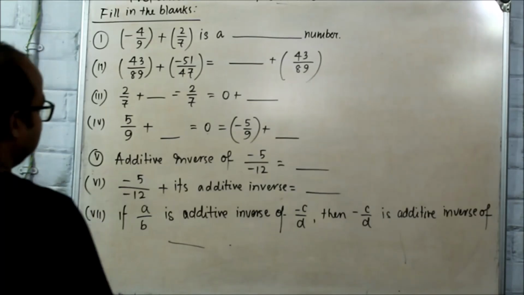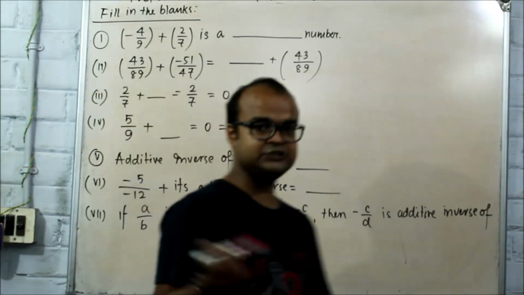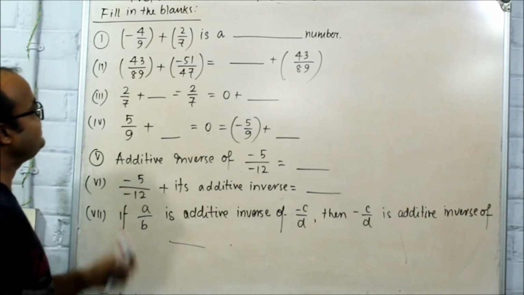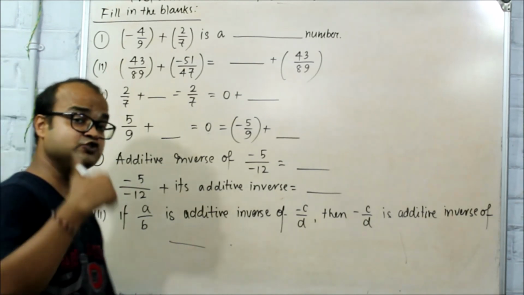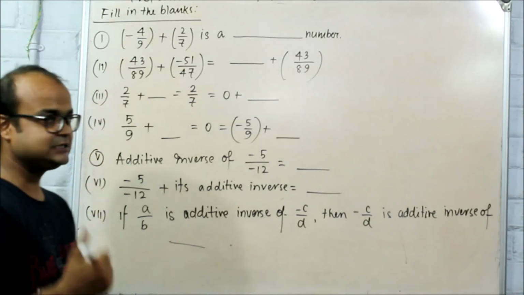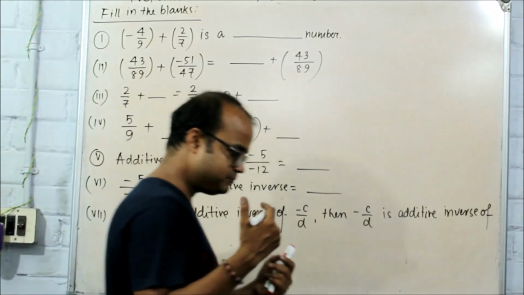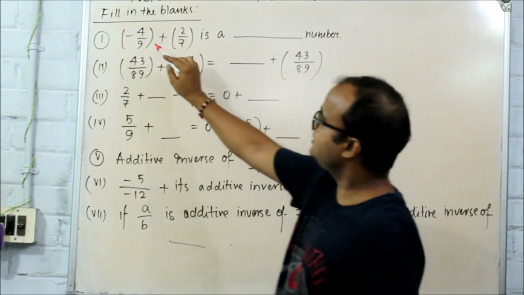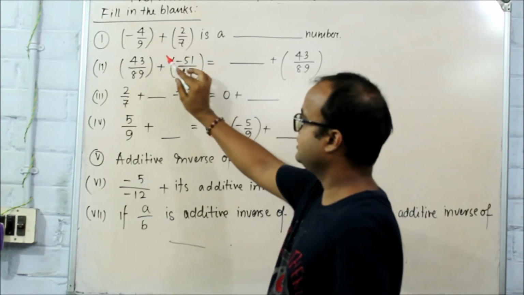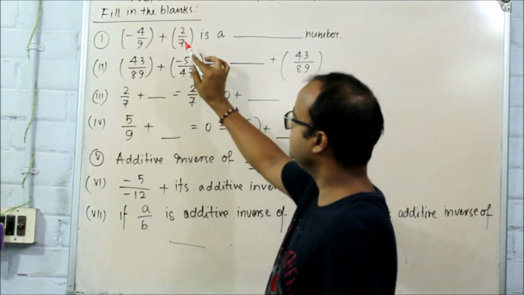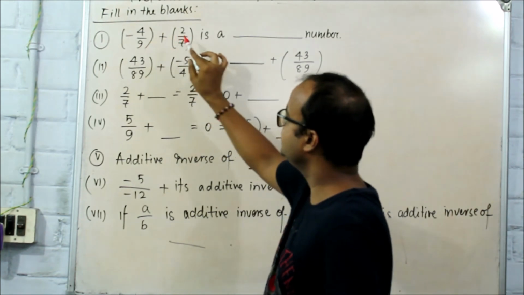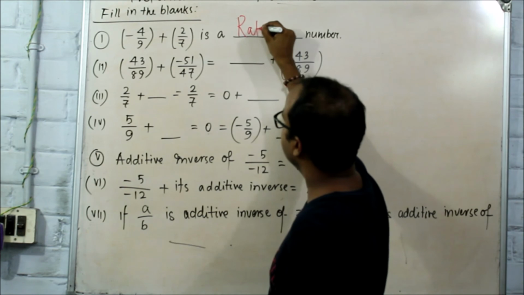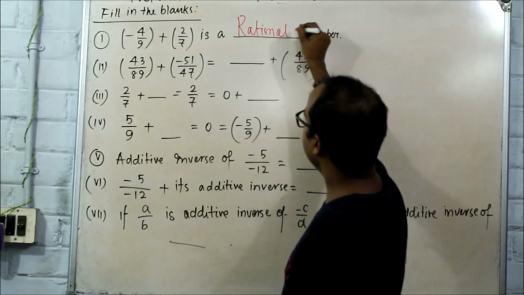Clear? Before I conclude this part, let us solve some fill in the blanks, which are conceptual questions, and it is very beneficial to recap the concept. Minus 4 by 9 plus 2 by 7. Now see, this is a rational number, this is a rational number. So addition of two rational numbers, your answer is a rational number.